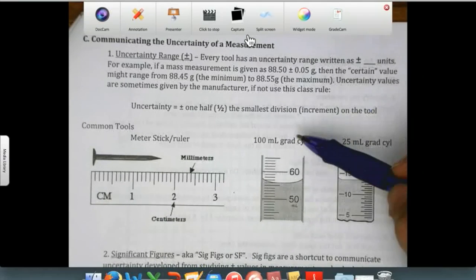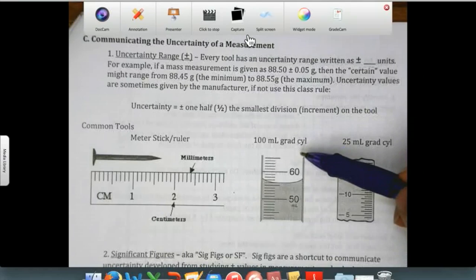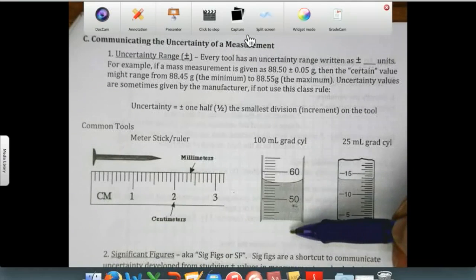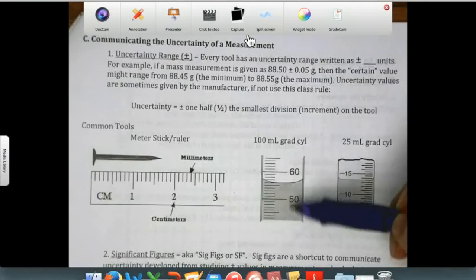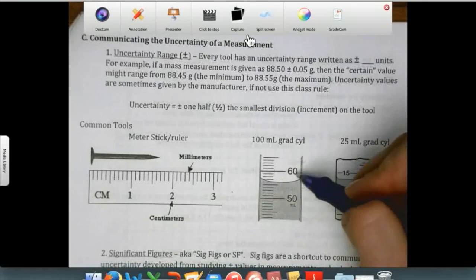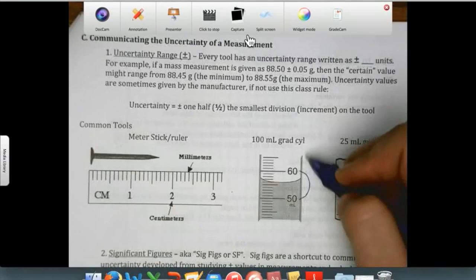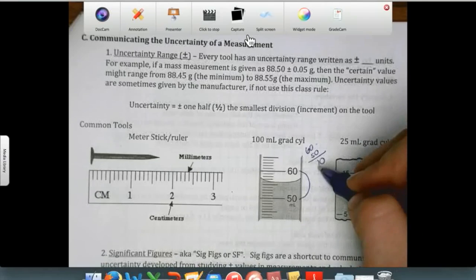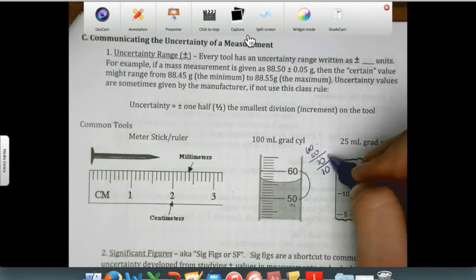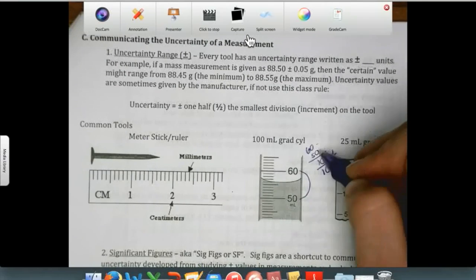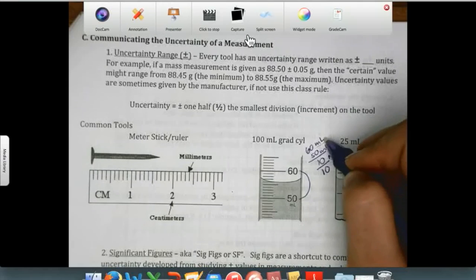Okay, so we had a 100 graduated cylinder. We talked about in class how we're going to find that there are 10 spaces or 10 lines in between here. The difference between 60 and 50 is 10. So we're going to divide that by the 10 spaces. Notice there's milliliters, which should be all over the place because we don't do naked numbers.